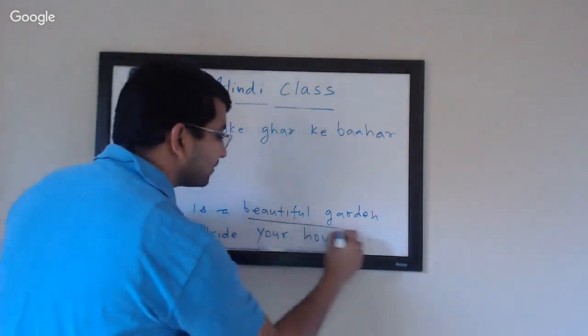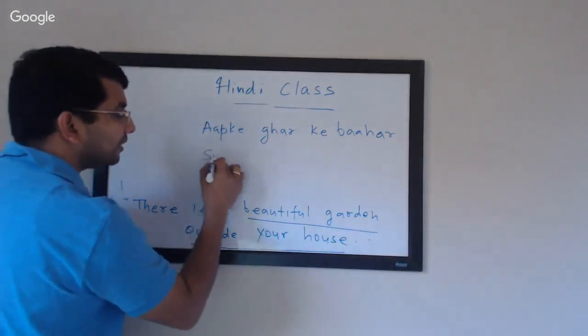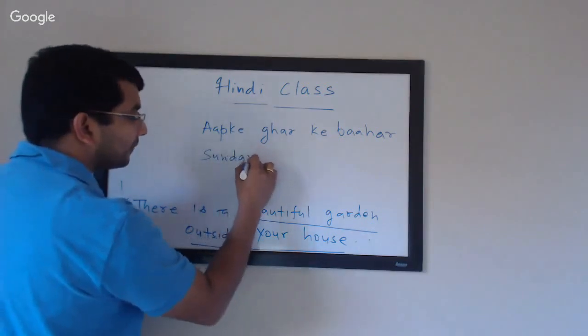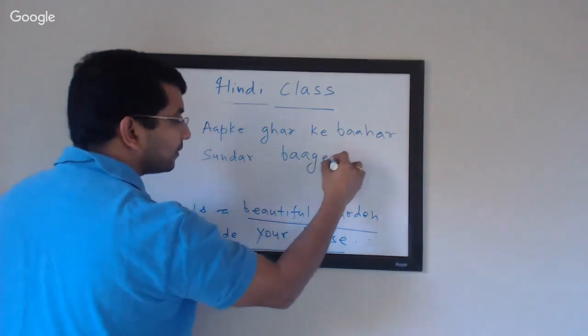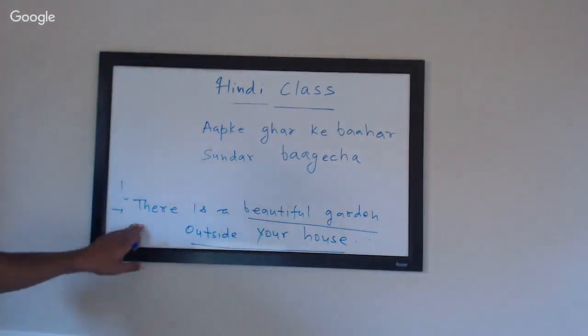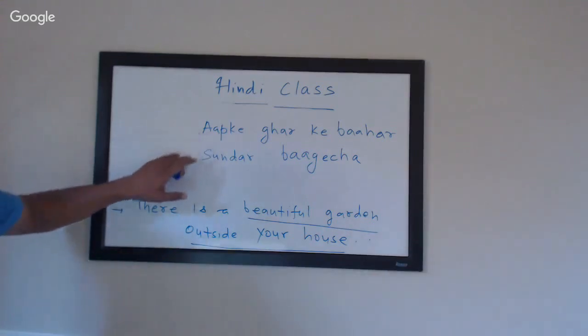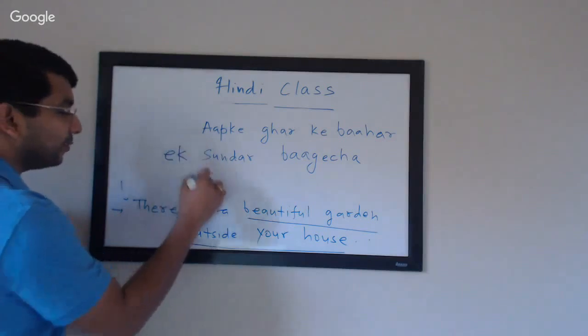Beautiful garden. Beautiful is सुंदर. Garden is बागीचा, baghicha. And then a beautiful garden, so "a" is ek, one.